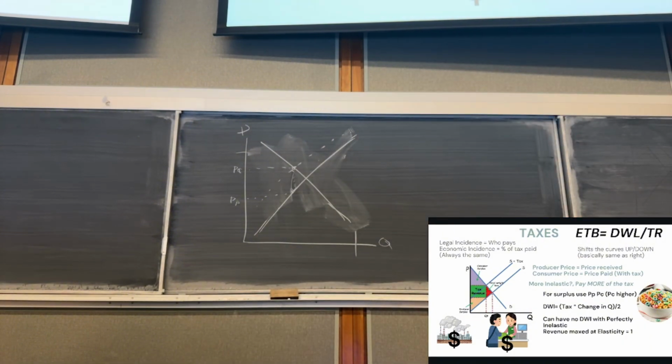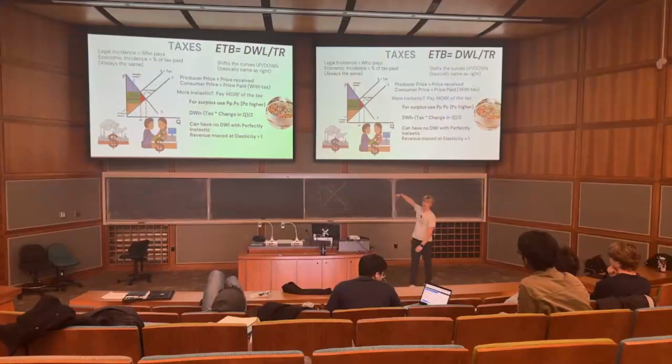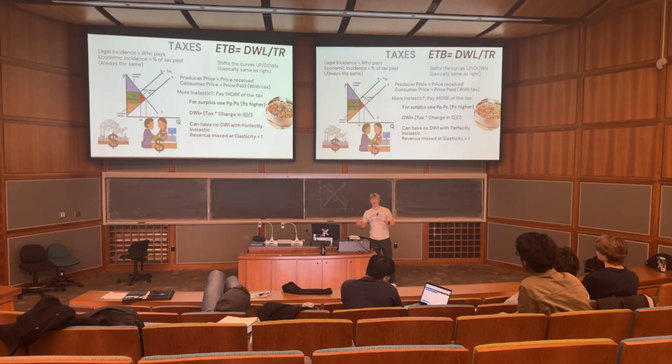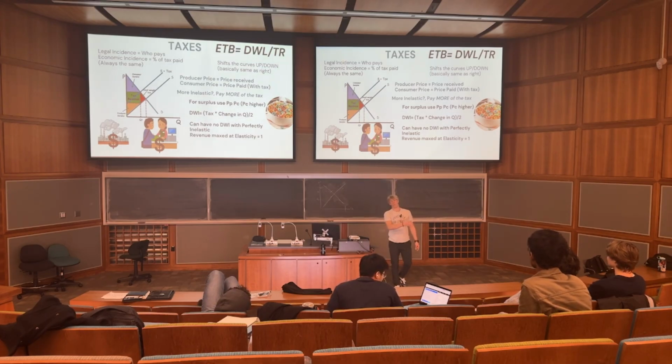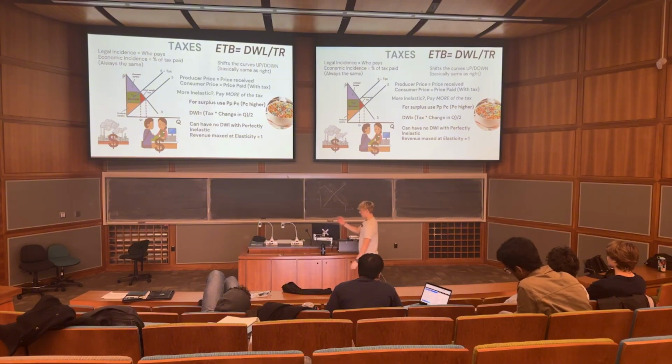The price of consumers is how much it costs consumers to buy it. I like to think of it as if you're going to a store purchasing cereal: how much is that costing you, and then how much is the factory getting? Which will be an example later. And then depending on the elasticity of the curve, if it's more inelastic, those people will pay more of the tax.